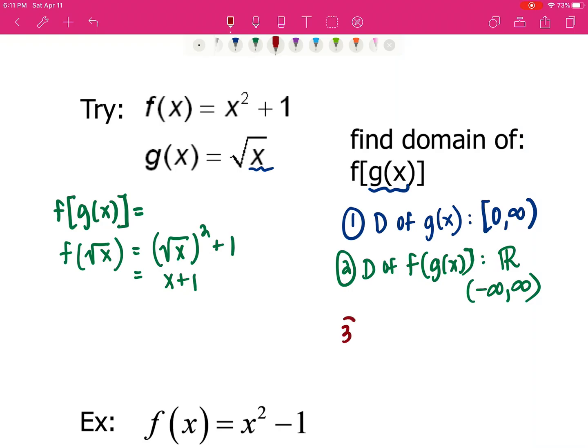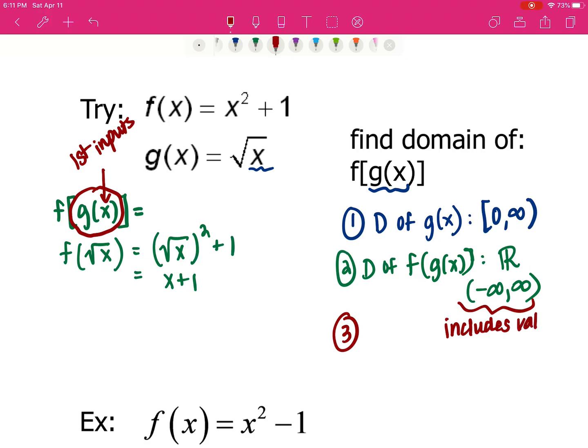But this is exactly what I was talking about. You can't put negative numbers into your very first step. So your very first step is this step. These are your first inputs. So you can't just find the composite function and say, what's the domain of the composite function? Because this includes values not allowed in that first input.